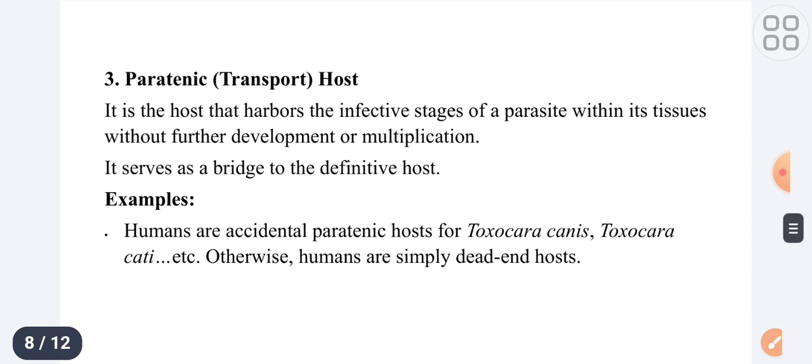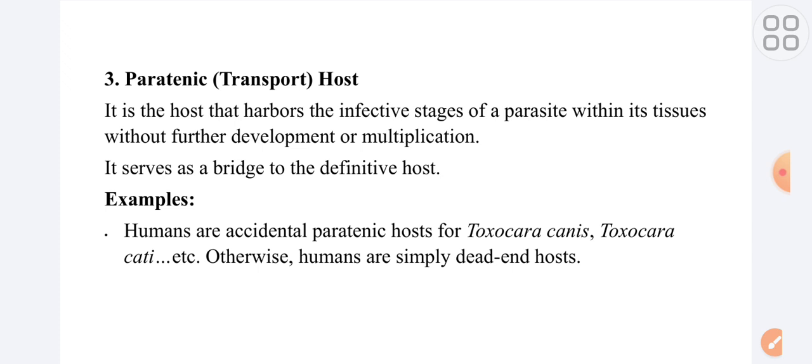There are other types of host: paratenic host or transport host. This serves as a bridge to the definitive host. It harbors the infective stages of the parasite within its tissues without further development or multiplication, and is only transferred by consumption, by eating the infective stages encysted in the paratenic host.